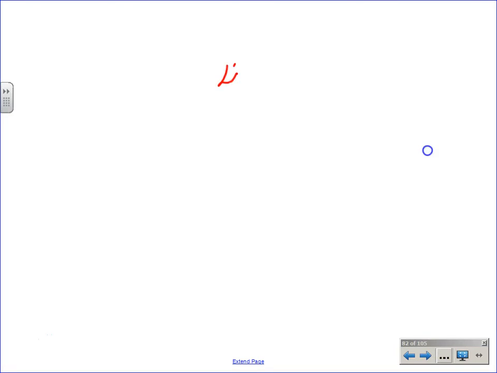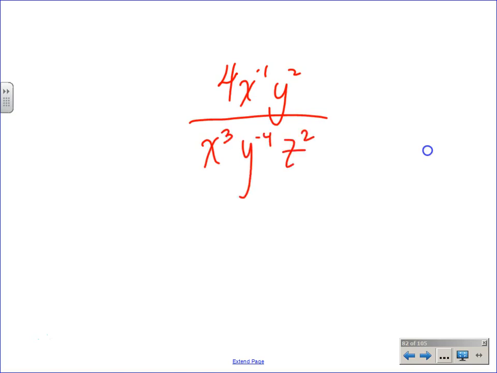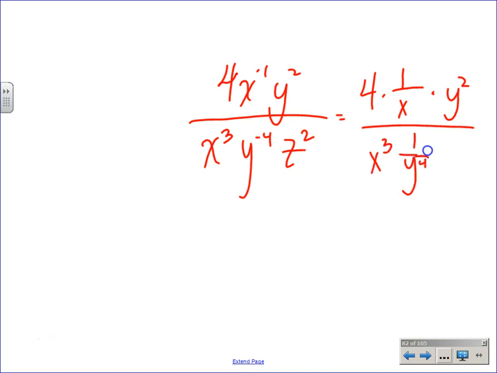Remember way back when you had to rewrite this with positive exponents? This was totally Algebra 1. What did negative exponents mean or signify? Technically, every time you saw a negative, it really meant a 1 over. This one needed to go under.